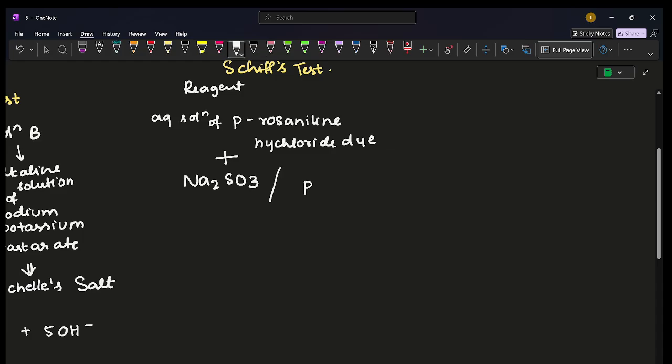Or you're going to pass SO2 gas, so this makes it decolorized.